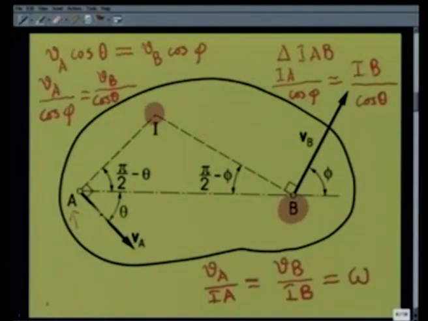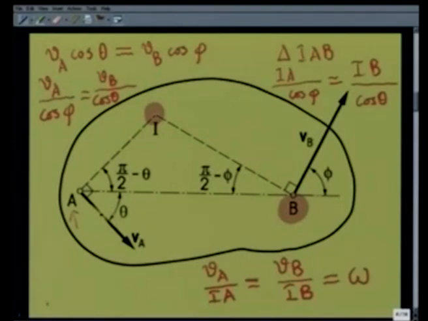In fact, you can also prove that the velocity of I is 0 by considering the velocity of the point I in two different directions, namely Ia and Ib. To find the velocity of the point I along Ia, I come from the point A. Velocity of A is along Va, so the component along Ia is 0, and I and A are 2 points on the same rigid body.